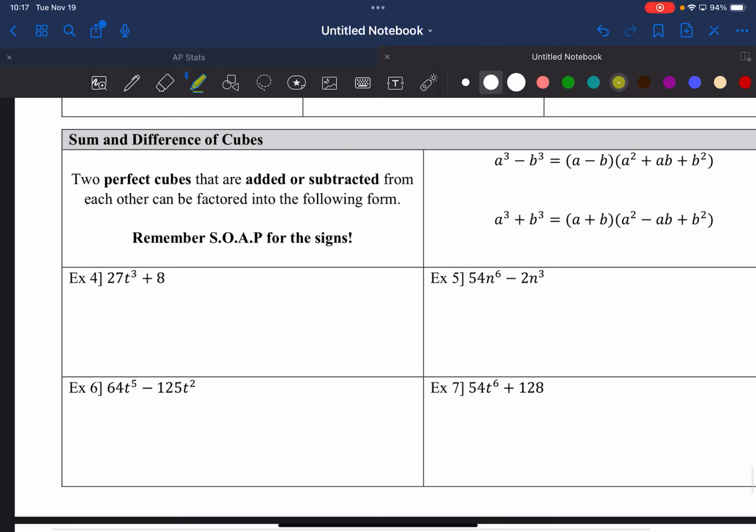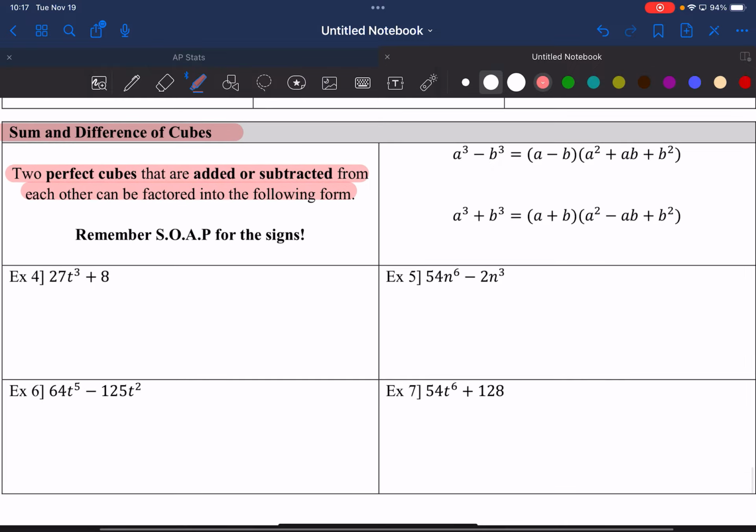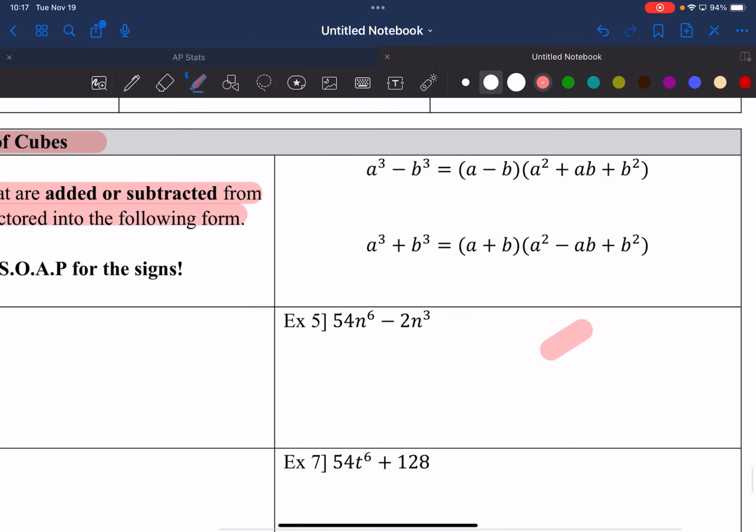Okay, now we're going to be doing sum and difference of cubes. So 2 perfect cubes that are added or subtracted from each other can be factored in the following form. Notice here we don't just have one formula, we have 2. When a cubed is minus b cubed, and when a cubed is adding to b cubed.